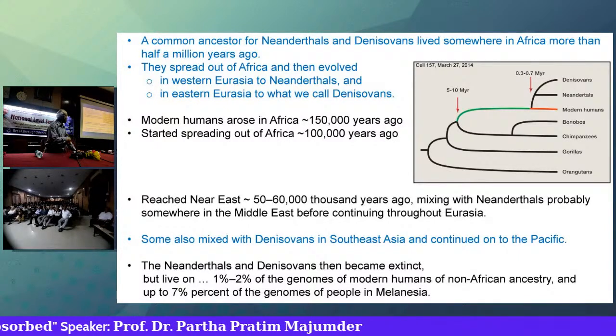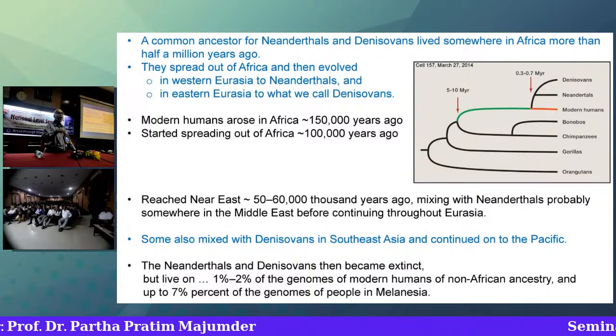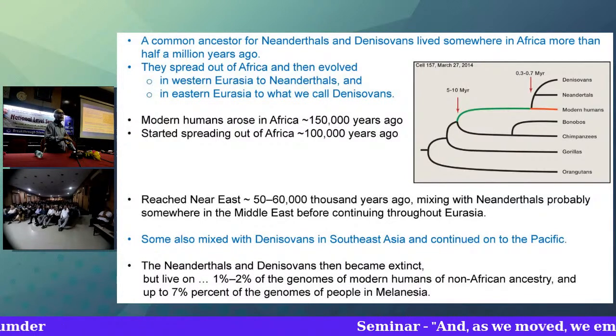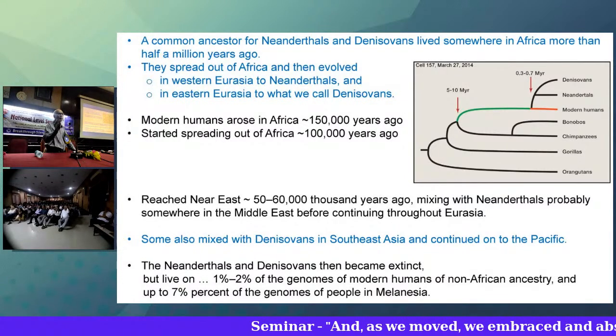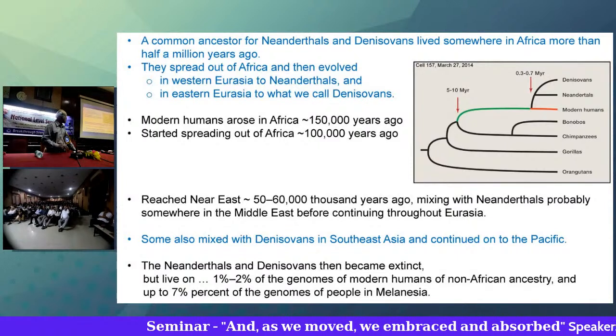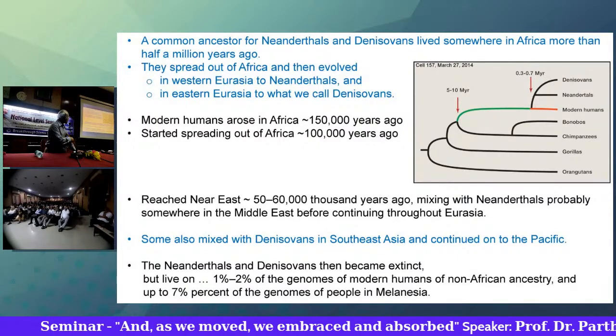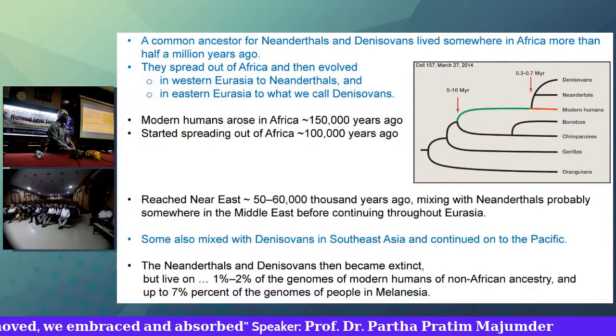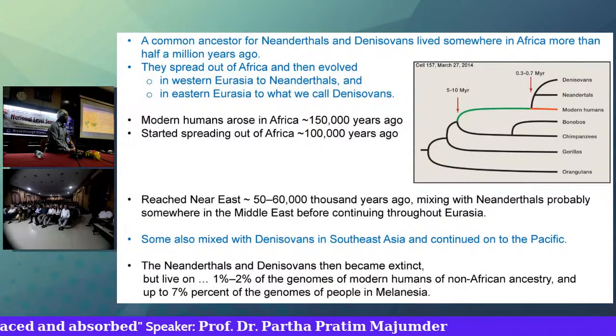So as you can see, these archaic hominins did contribute their DNA to us, and the extent of DNA they contributed varies from one region of the world to another. The variation is quite large, from 1 to 2% to about 7% in the people of Melanesia.